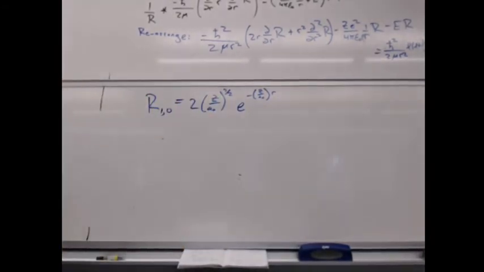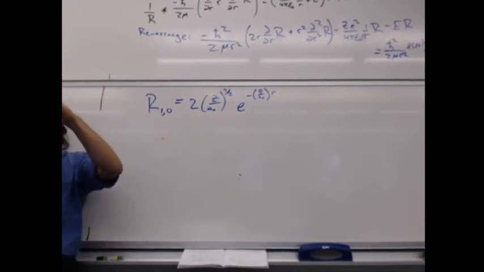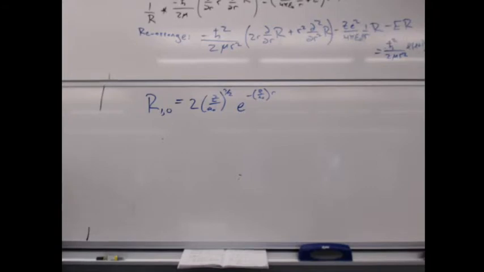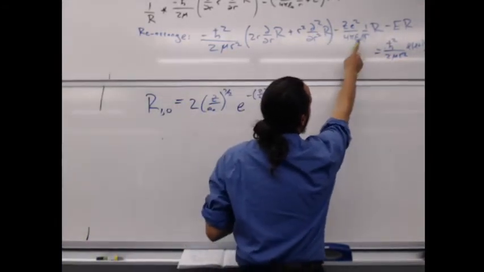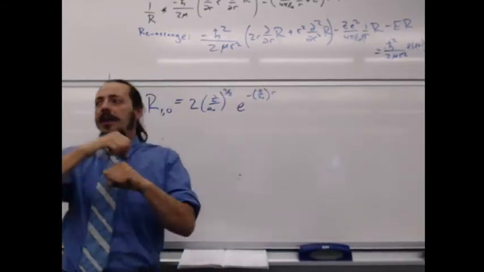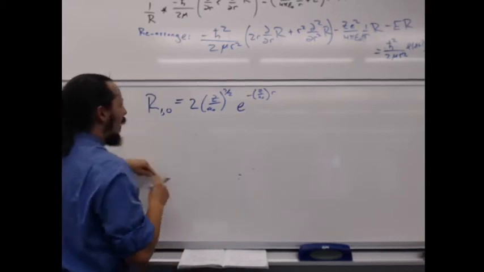This would be our first function that would describe the radial behavior of an electron around the nucleus. And notice, because of the symmetry of the Coulomb force, it doesn't actually matter where the theta and phi are. It's just going to depend on that radial distance. How far is it from the nucleus?